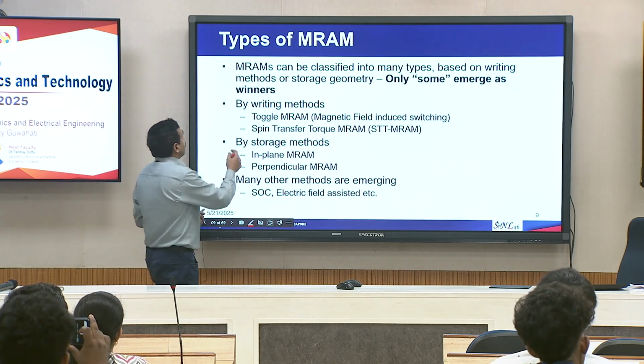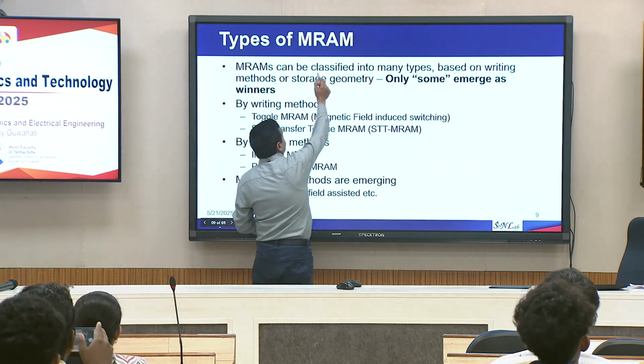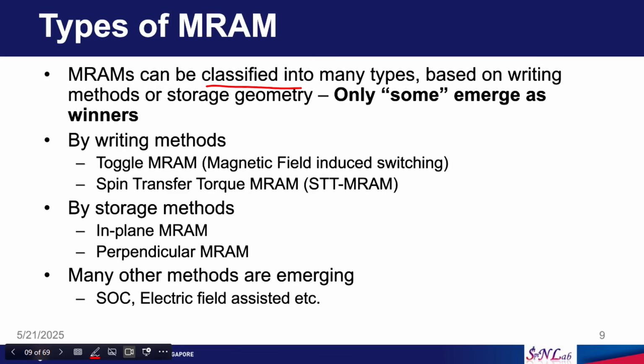Okay, so, you can classify MRAMs into different types based on the writing methods or the way in which you store information and things like that. Okay. So, people give names like toggle MRAM to represent MRAM which uses a certain way of writing.